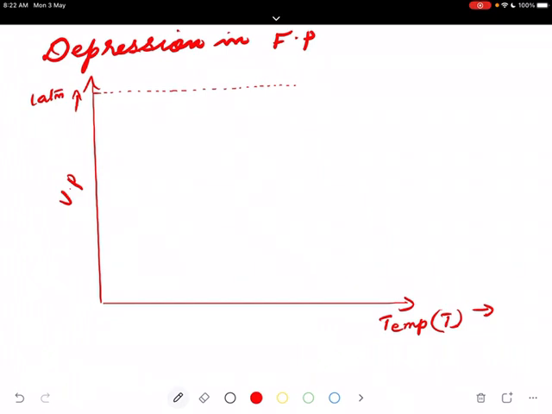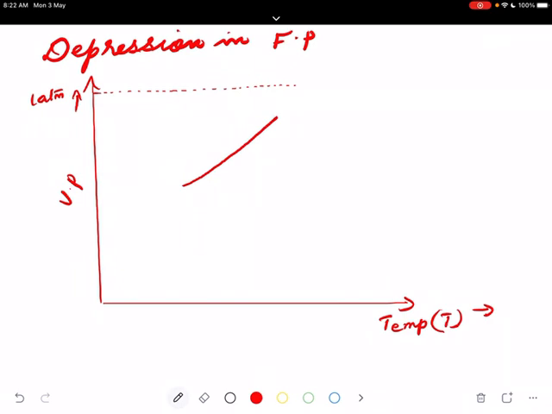Now you consider liquid water and solid water. Water is the substance. Vapor pressure of the substance in liquid phase and solid phase become equal. Solid water means ice. So I am drawing that as in the case of yesterday.